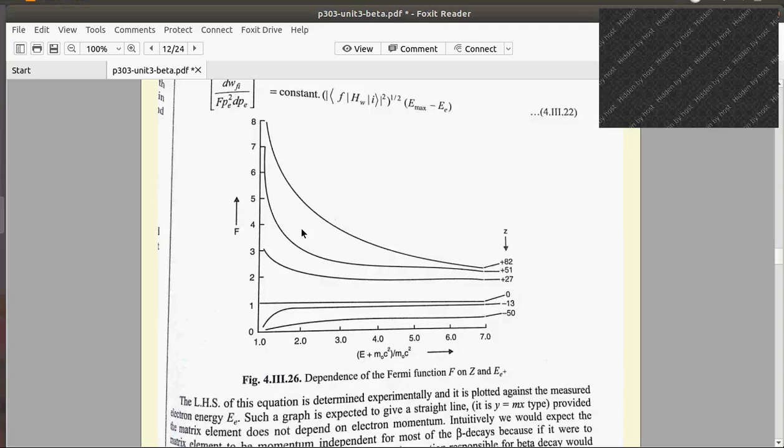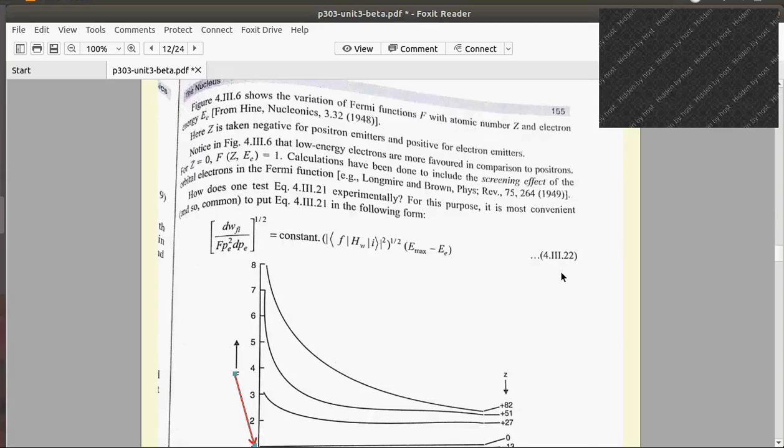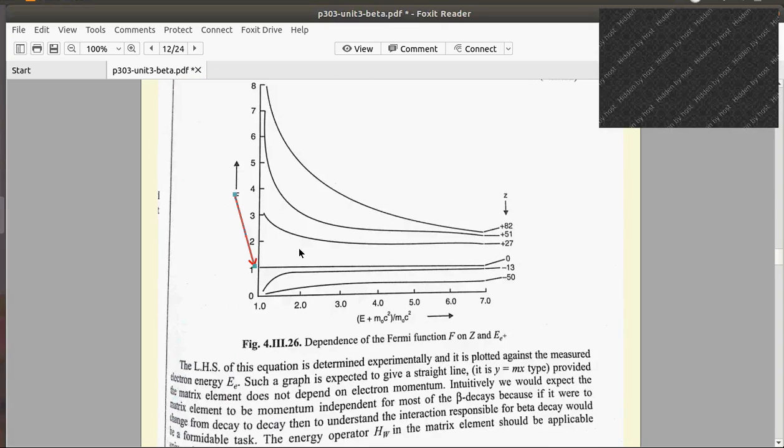When Z is equal to 0, your function F will be 1. So what they are saying is that from this figure we see that low energy electrons are more favored in comparison to positrons.